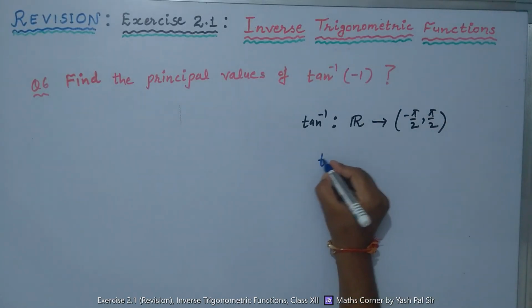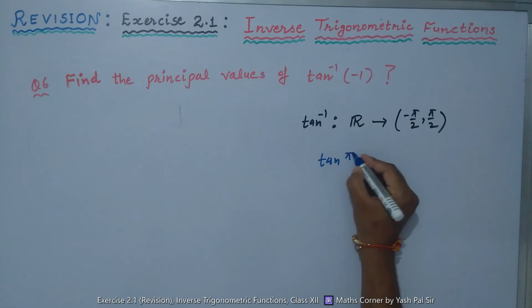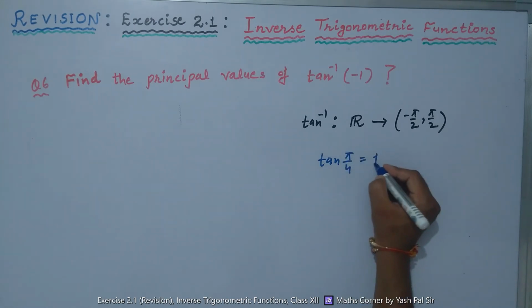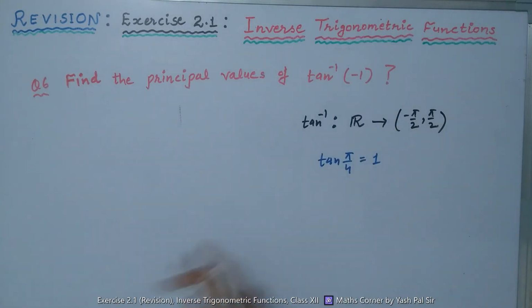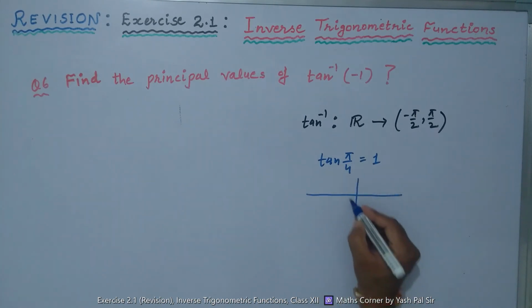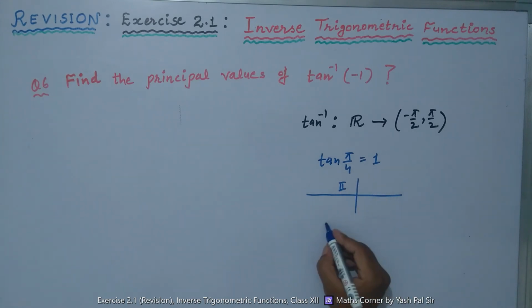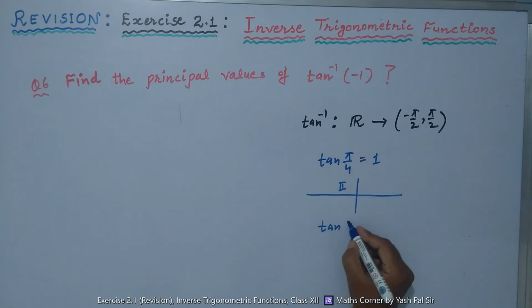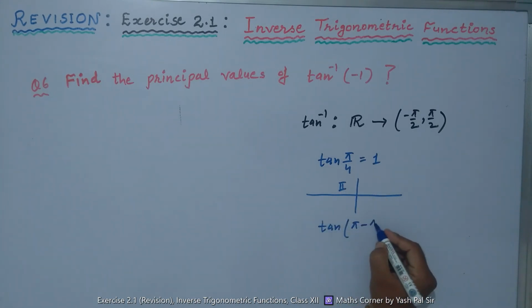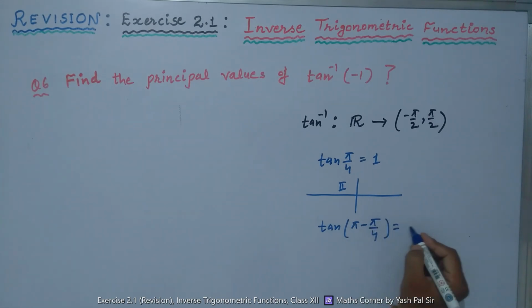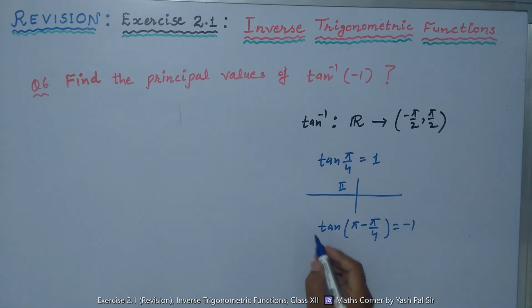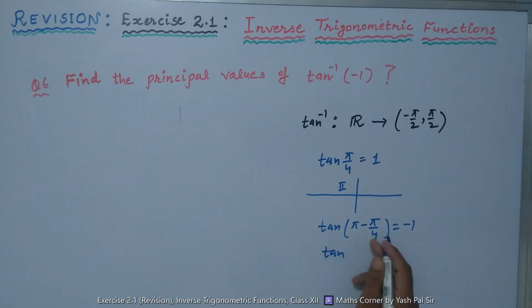First of all, tangent pi by 4 is equal to 1, but we need minus 1. We know that in the second quadrant tangent is negative. So we can say tangent of pi minus pi by 4 is equal to minus 1. That means tangent of 3 pi upon 4 is equal to minus 1.